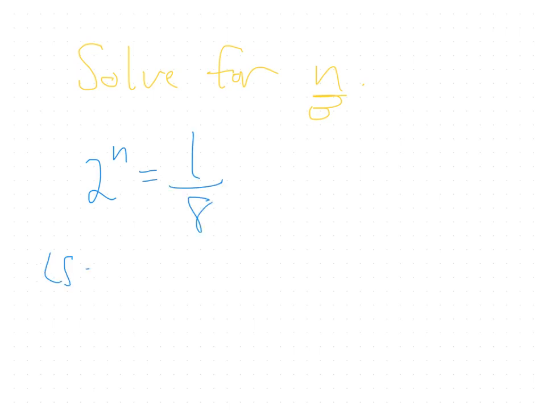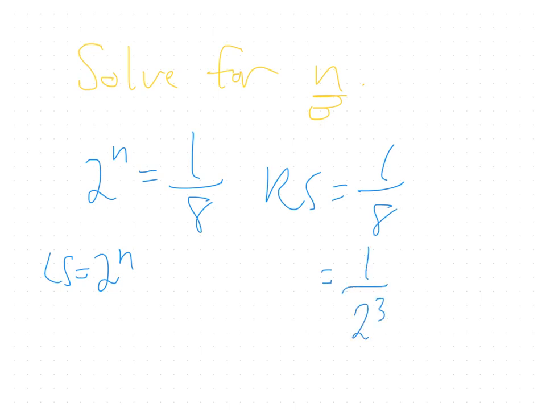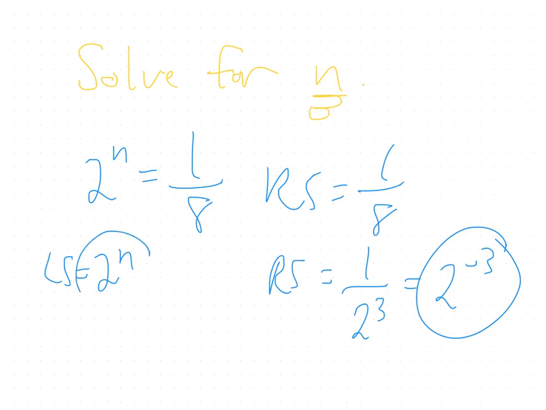Well, the left side is 2 to the n. So let's separate it. The right side is 1 over 8, which we could write as 1 over 2 cubed, which we could write as 2 to the negative 3. So now both the right side and the left side appear as a common base.